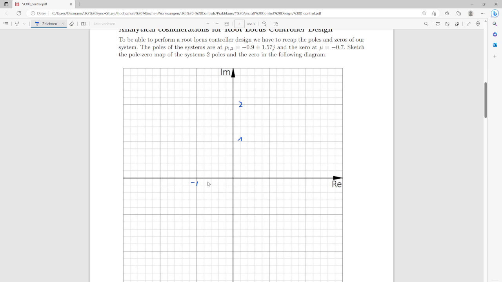So, with that scaling, we can draw the zero in here, and we have the poles at minus 0.9 plus minus 1.6, which is here, and we go symmetric here. Okay, so far so good. We have the poles in there, we've got the zero in there. Okay, so let's scroll down.